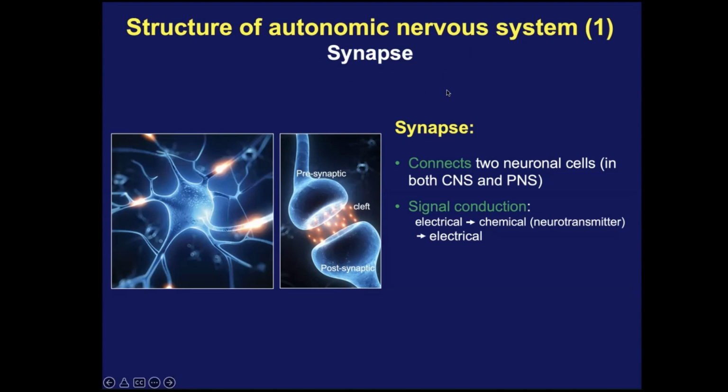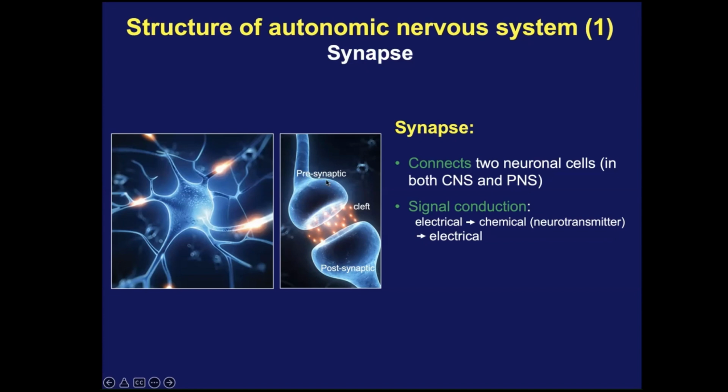The synapse is the structure that connects two neuronal cells, as shown here by this part. Synapse is found in both the central nervous system and in the peripheral nervous system.